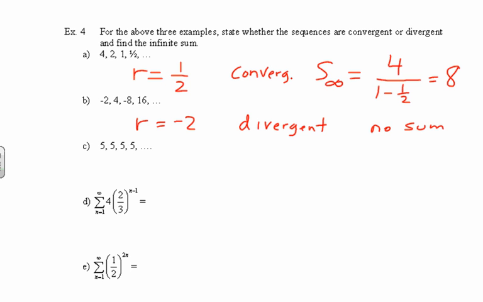Now, when our R value is 1, we're right on the borderline, right? Our R value is 1. Unfortunately, we cannot accept this, and there's no sum available. And I know what you're thinking. You're thinking, Mr. Ashton, there is a sum.